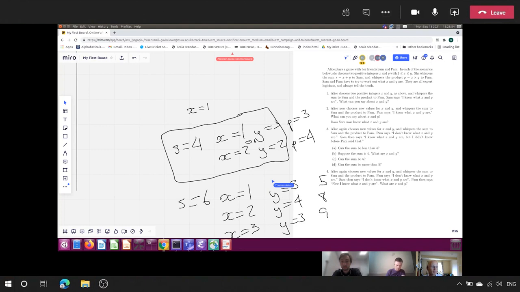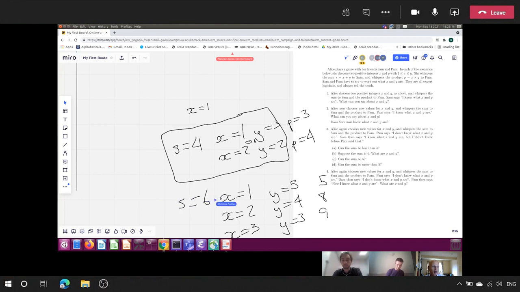However, for s equals 6 and above, we always have at least 2 further cases to consider. So it doesn't tell us sufficient information to figure out x and y. Yeah, that's right. So in each case, there'd be at least 2 possibilities where Pam doesn't know what x and y are, and Sam won't be able to tell the difference between those.